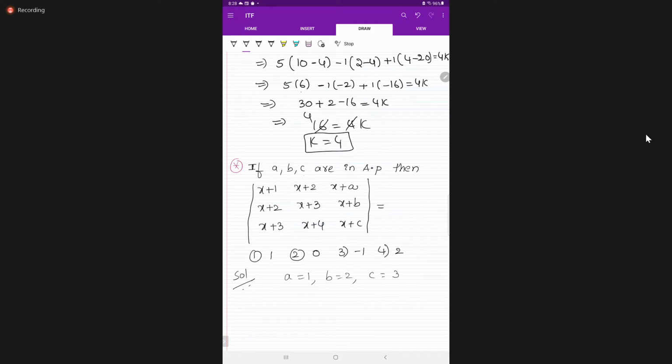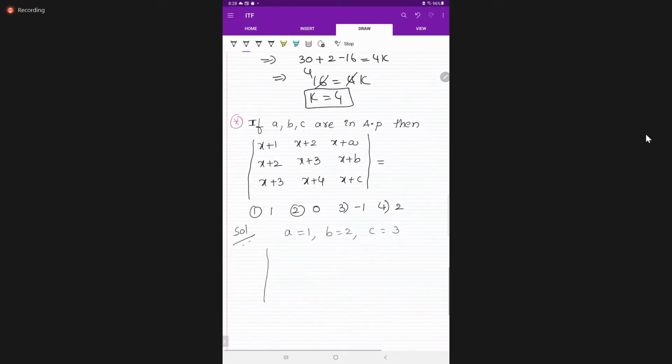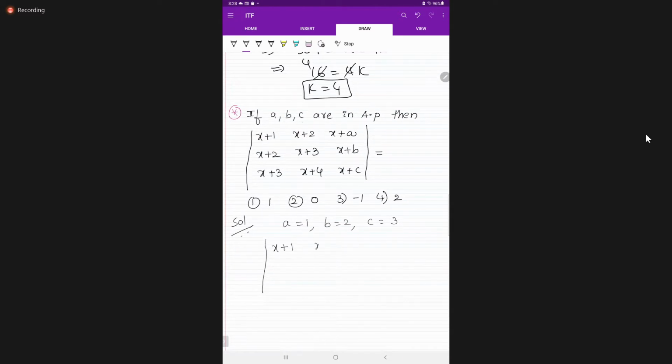Then substitute there. So x plus 1, x plus 2, x plus 1; x plus 2, x plus 3, in place of b write x plus 2; x plus 3, x plus 4, and in place of c take 3. What is the value of this determinant?